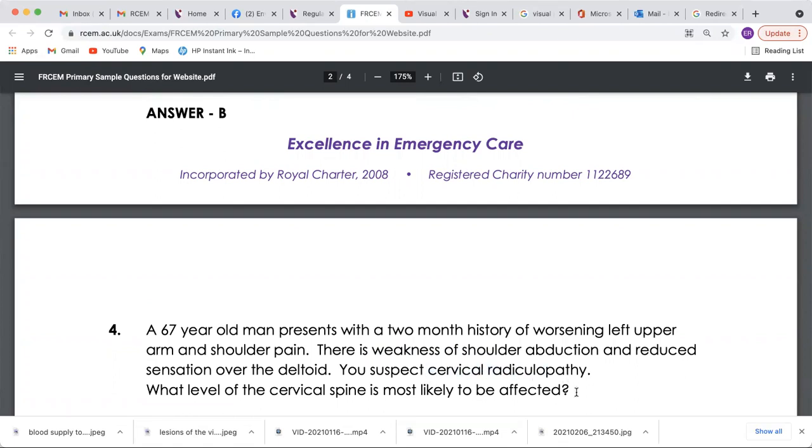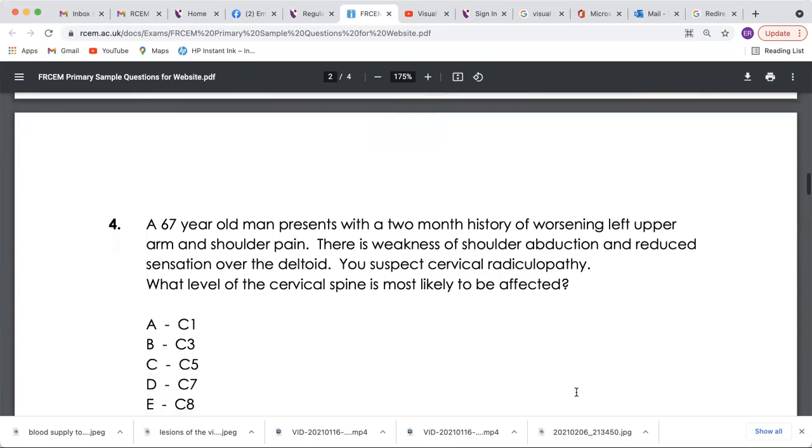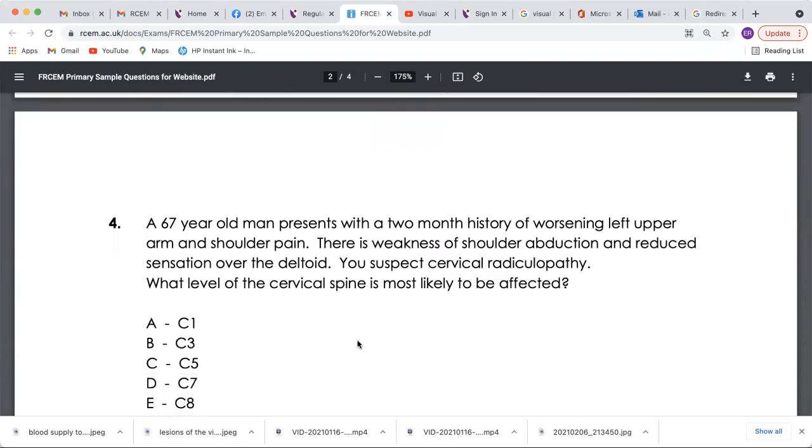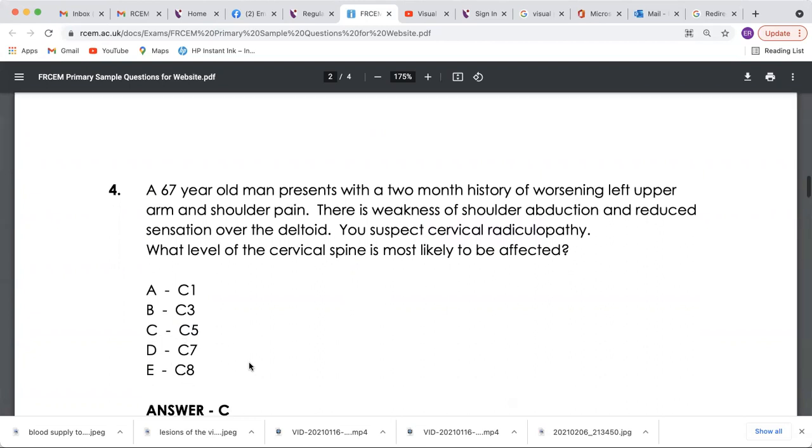So what is the nerve root supplying the deltoid muscle and the overlying skin? Well, we will know it's always C5 in the deltoid muscle. So it's another straightforward anatomy question. Nothing fancy about this. Just to recognize that weakness of deltoid muscle and the nerve root supplying the muscle.